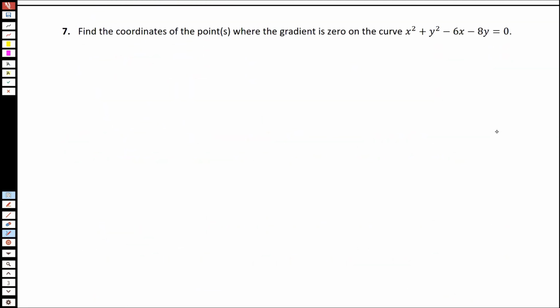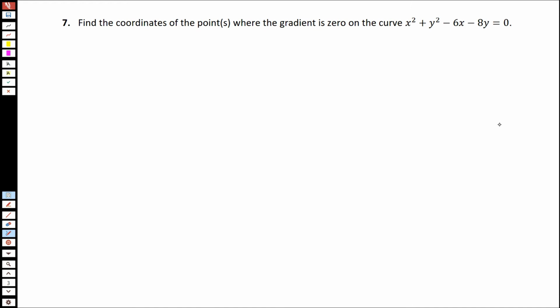Moving on, number 7, we are required to find the coordinates of the point where the gradient is 0 on this curve. To do that, first of all, we start by finding the gradient function. We can find that by differentiating this function term by term.